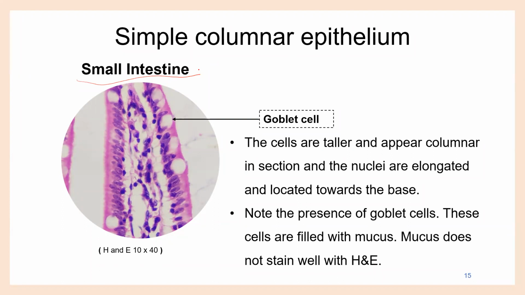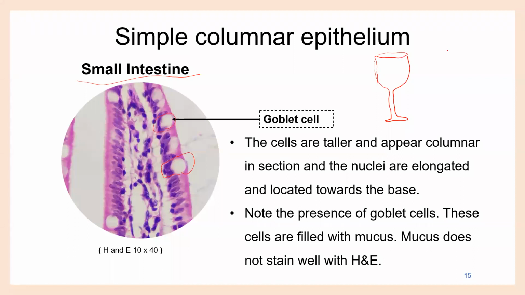So goblet cells are specialized cells. They are glandular cells, and they are called single celled glands. So these are the goblet cells. They are called goblet cells because they look like a goblet, a wine goblet.